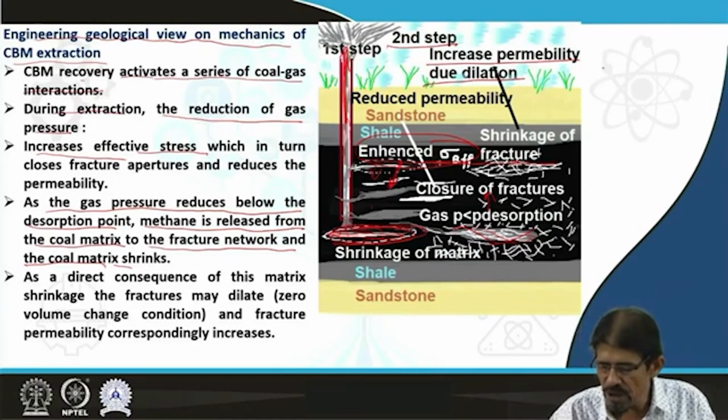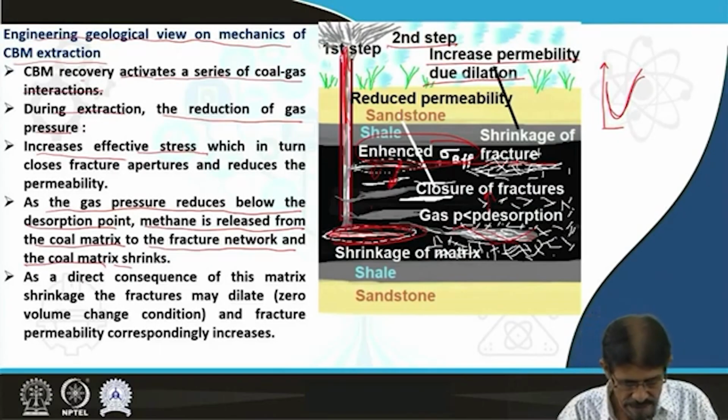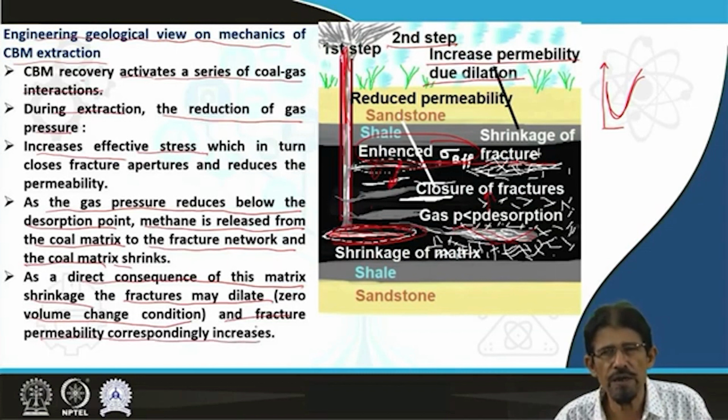So initially there is a decrease in permeability and then an increase in permeability, a cyclic type of decrease and increase. As a direct consequence of this matrix shrinkage, the fractures may dilate, volume changes and fracture permeability correspondingly increases, resulting in an ultimate increase in permeability.